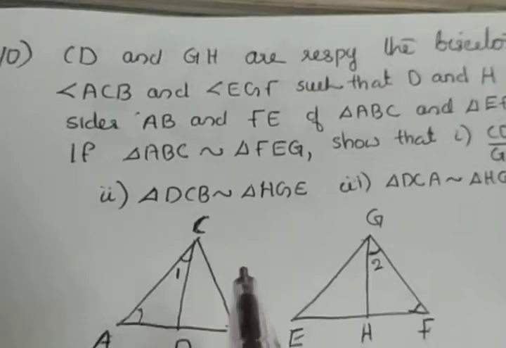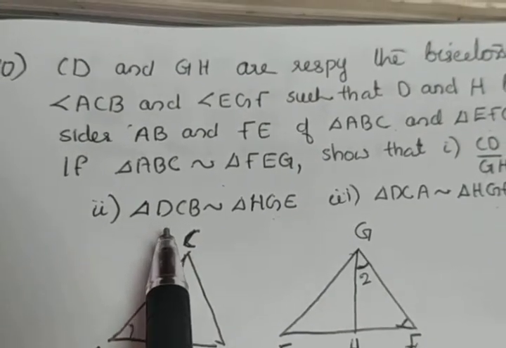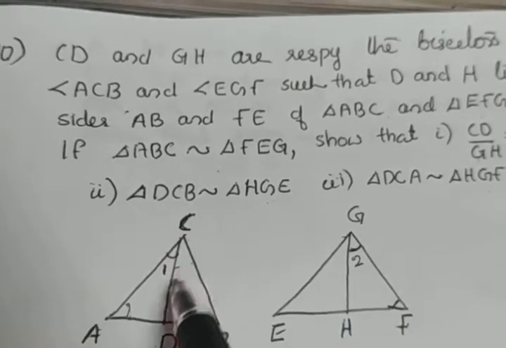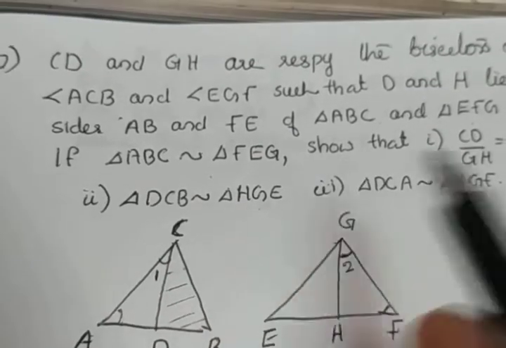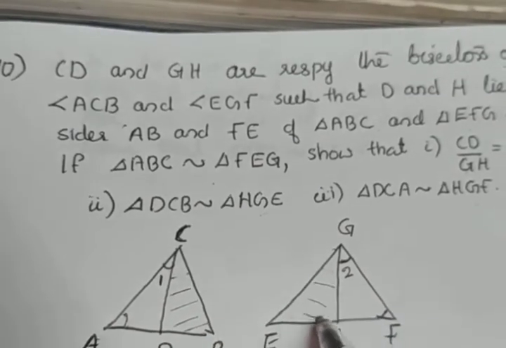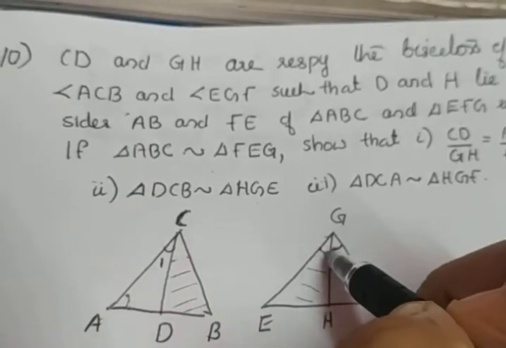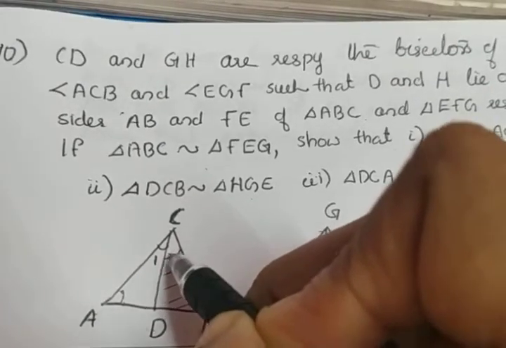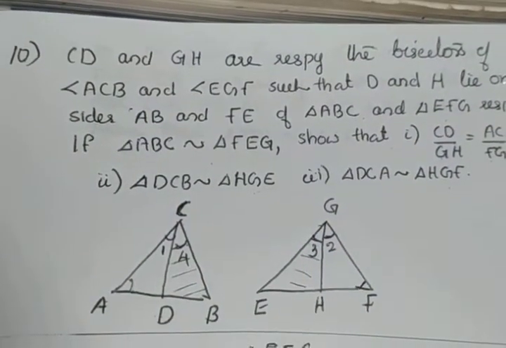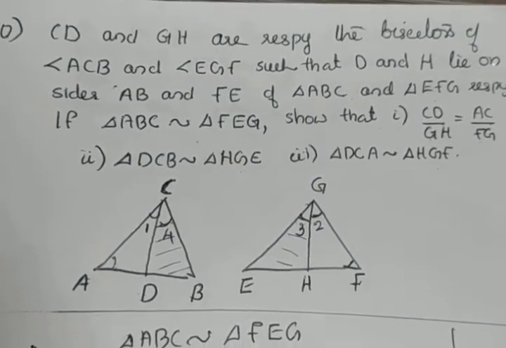For proving the second part, we have to consider triangle DCB and triangle HGE. Can you say how? If I number this as angle 3 and this as angle 4, angle 3 is equal to angle 4. Why? It is the angle bisector, isn't it?